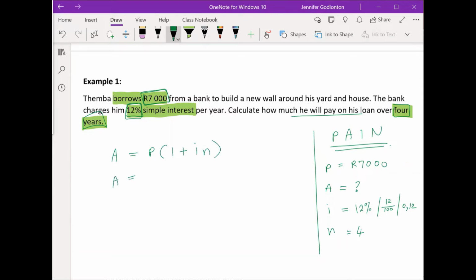So A is equal to 7,000, 1 plus 12%. I'm going to write it as a decimal, times 4. You're going to put that straight into your calculator exactly like that, and you are going to tell me what answer you get.